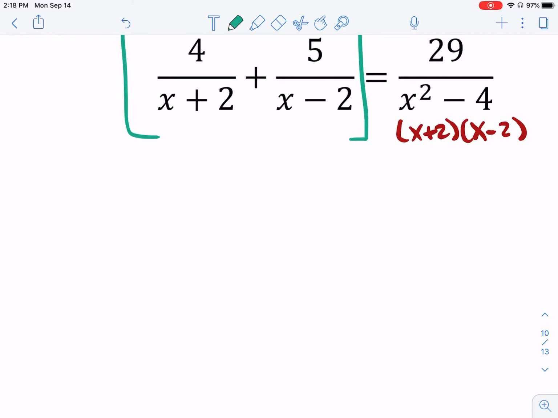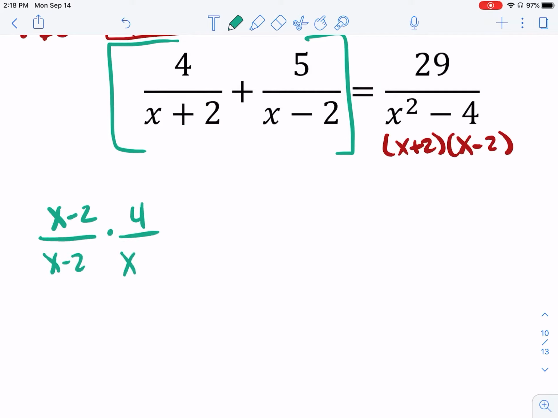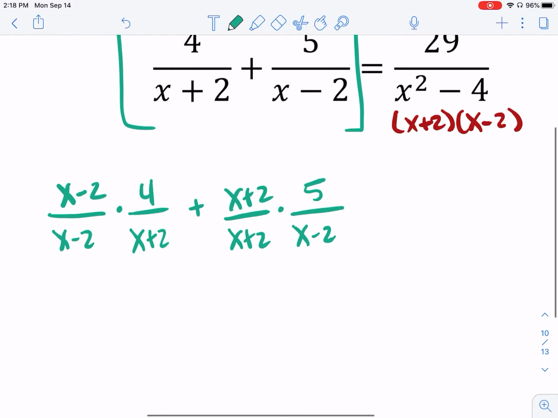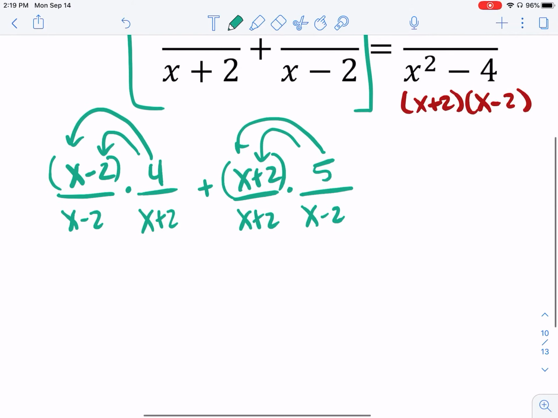I'm going to give the x minus 2 to the first one. That means I need to give the x plus 2 to the second one. Don't forget to distribute, that is extremely important.